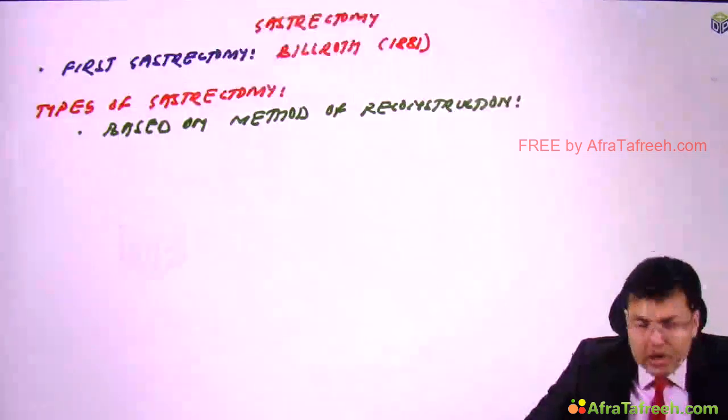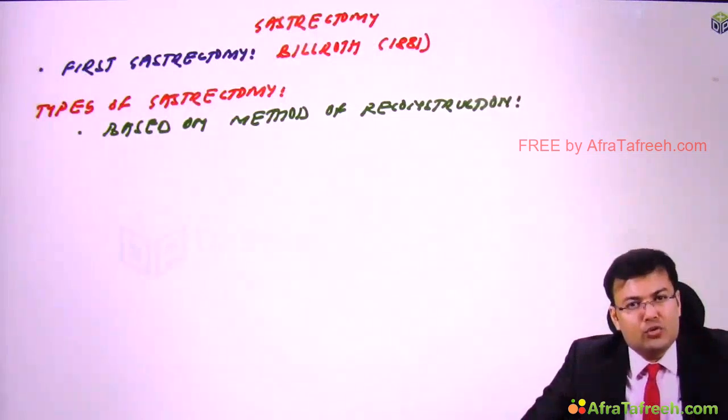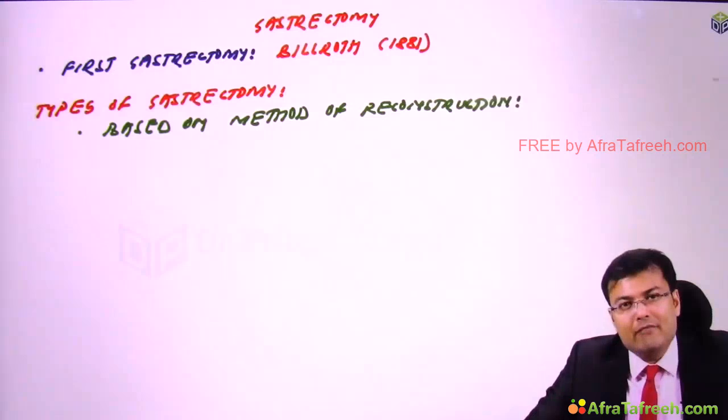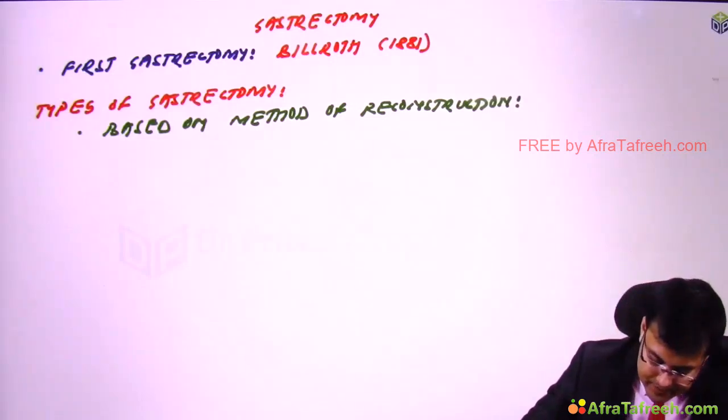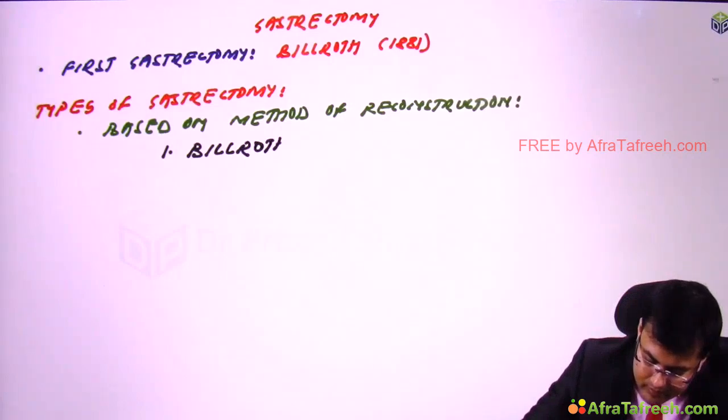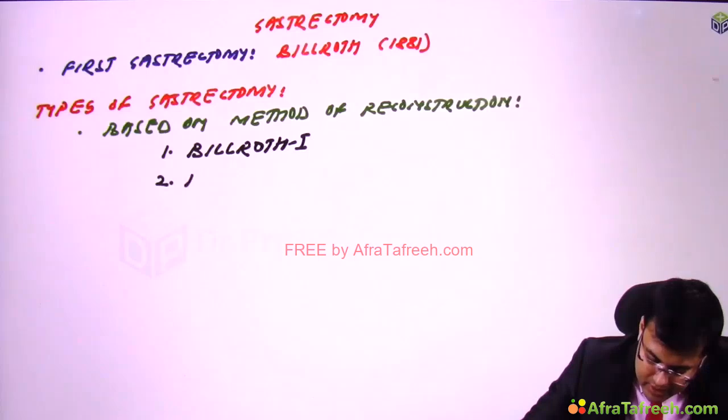So it's the Billroth 1 gastrectomy, Billroth 2 gastrectomy, and it's the Roux-en-Y gastrectomy. So see, first is Billroth 1, it's Billroth 2, and it's the Roux-en-Y.